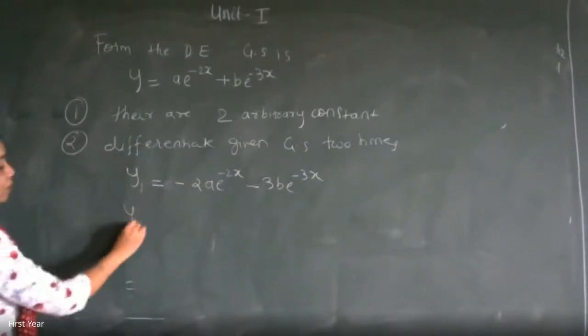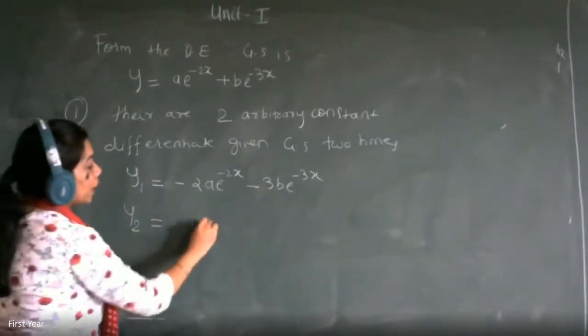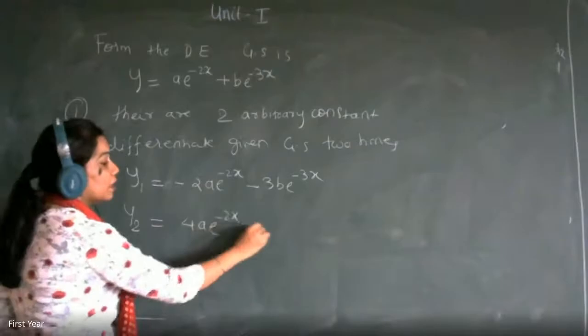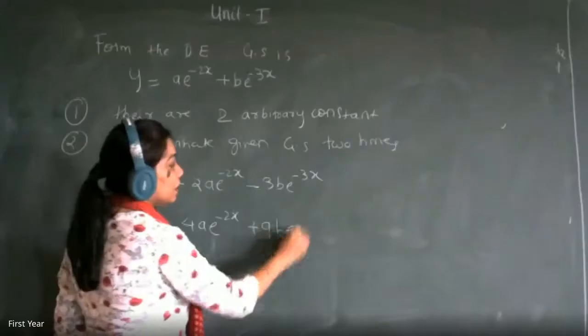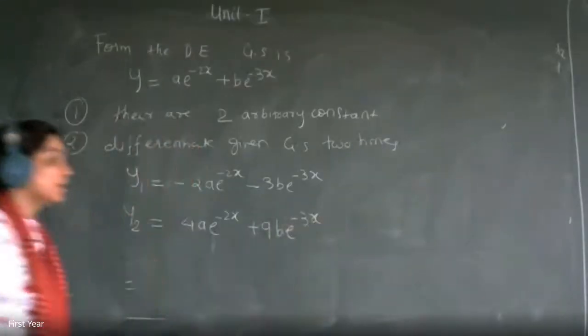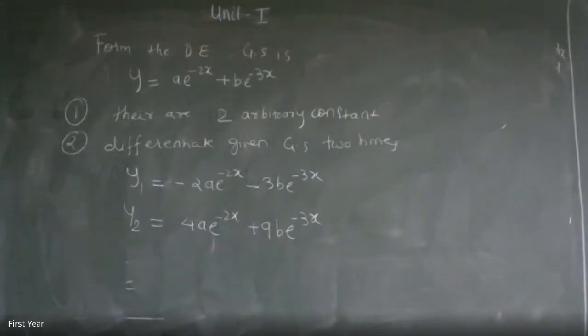Then one more time, y2 is 4a e^(-2x) plus 9b e^(-3x). Now a and b are still not eliminated, so you have to try to eliminate them.